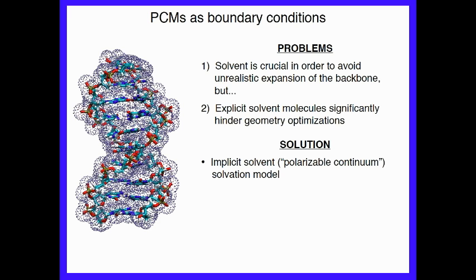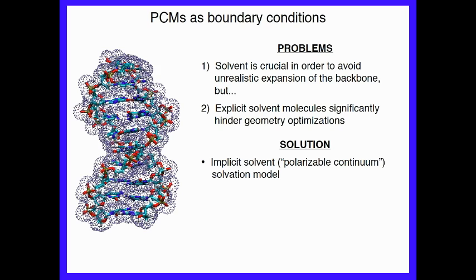The idea here is that we're going to have, again, a molecule-shaped cavity that defines the interface between the atomistic region and the continuum solvent. But then we're going to have to discretize that because we're going to want to compute an induced surface charge on the surface of that cavity, and that induced surface charge is going to be discretized into a set of point charges. So those are the purple dots that I've shown you here.